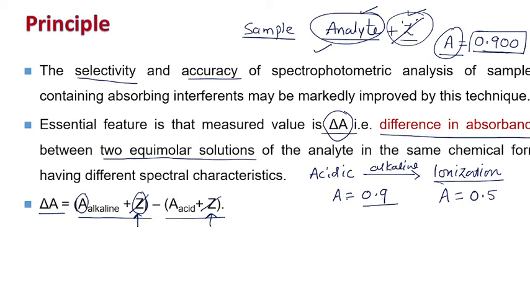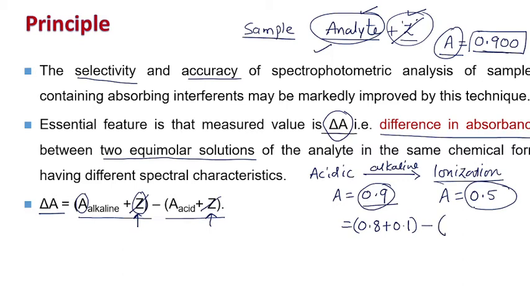Because I have dissolved my drug sample in an alkaline pH, the absorbance has increased, and in the acidic pH the absorbance is relatively lower. So let's assume 0.8 is the actual absorbance of the analyte and 0.1 is the absorbance of the impurities present in the sample.